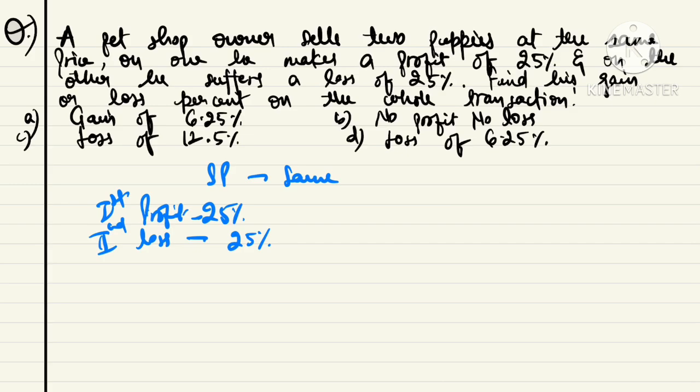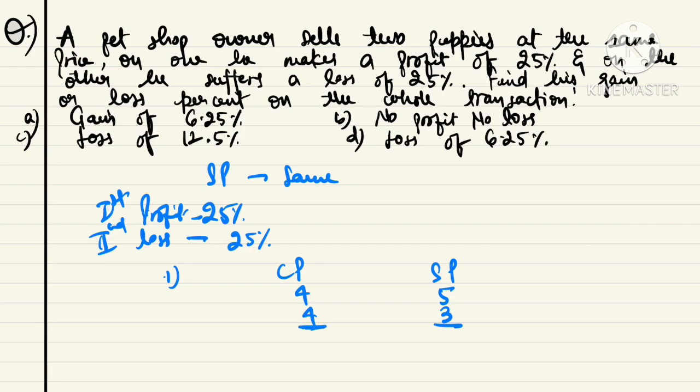Fine. So first, if we consider the first puppy, what will be the cost price? 25% profit. So it will be 4 to 5. And next, loss. So it will be 4 to 3. Now we need to see the thing very clearly.